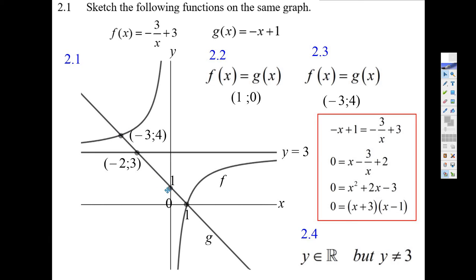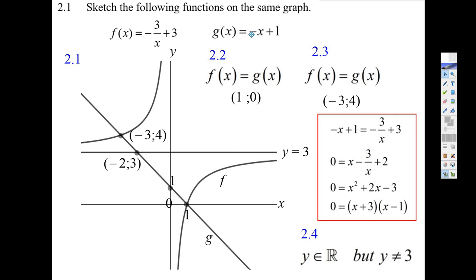All you have to do is put in some other values. Put in negative 1 here. I want to see what's happening with the points on this side. If you put in negative 1, you'll get 2.